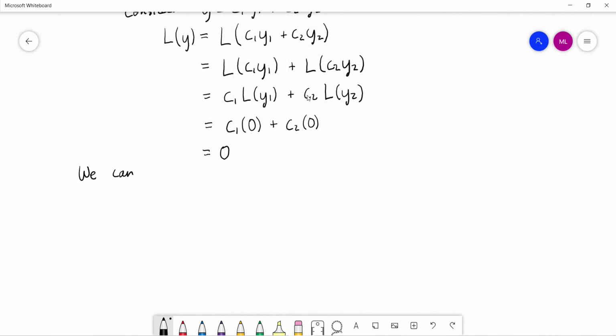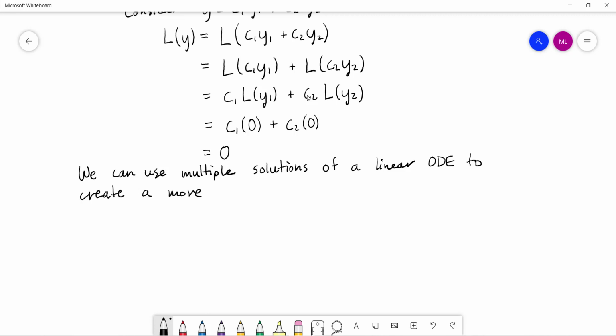We can use multiple solutions of an ODE, of a linear ODE, I should say, because all of this relies on the linear operator of a linear ODE, to create a more general solution to the ODE via superposition.